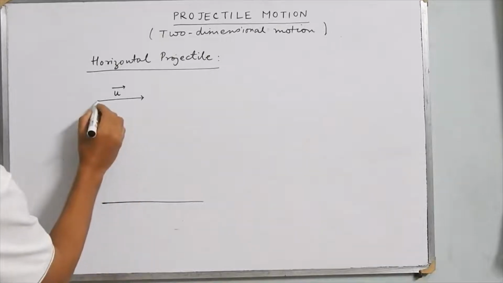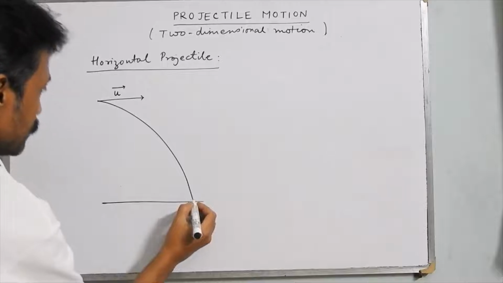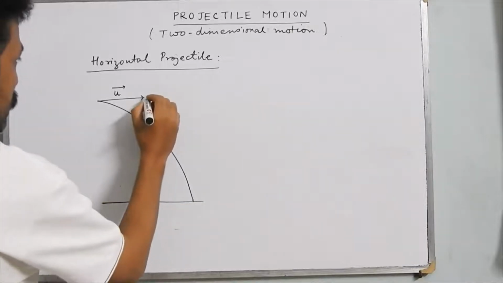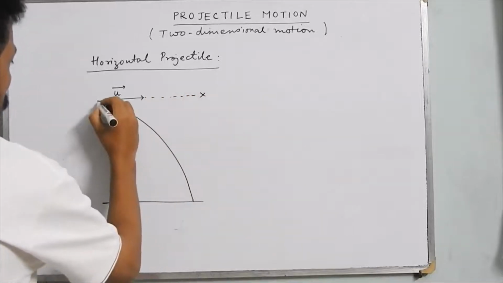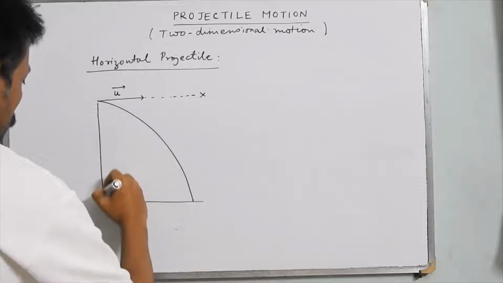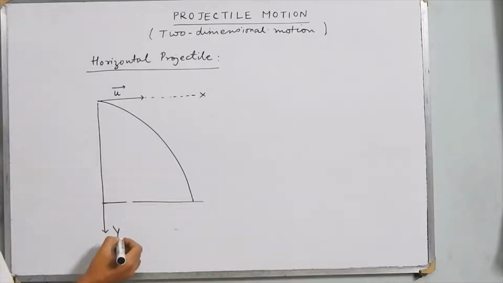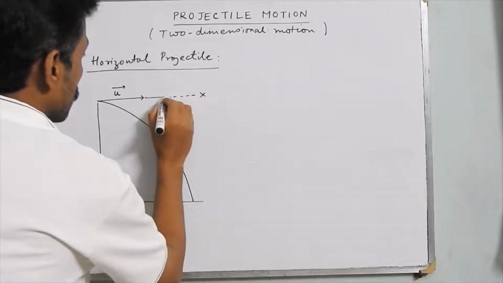So it might follow this type of curved path until it reaches the ground. So we consider two independent axes, that is the x-axis along the horizontal direction and the y-axis along the vertical downward direction. Suppose this is the positive direction of the y-axis and this is the positive direction of the x-axis.